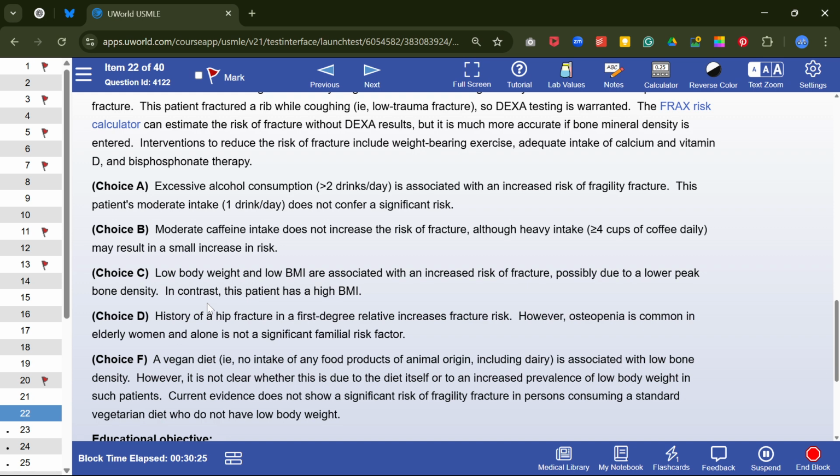Current evidence does not show a significant risk of fragility fracture in persons consuming a standard vegetarian diet who do not have low body weight.